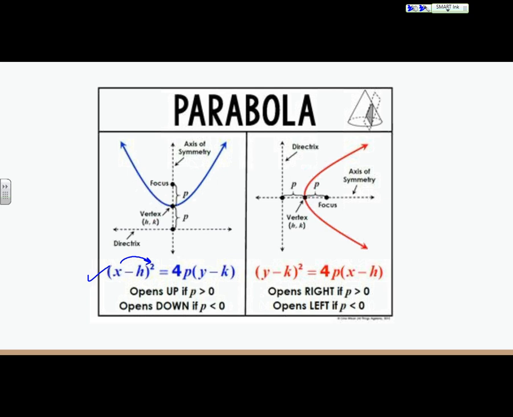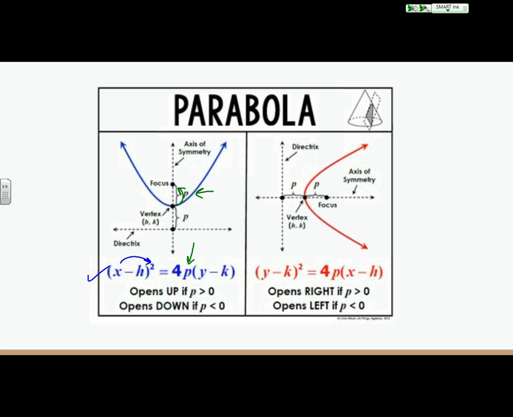We have a new variable in here, this P right here. This P is going to be really handy for getting a hold of my focus and my directrix very quickly, because P is the distance between the vertex and the focus. It's actually a directional distance, I like to call it, from the vertex to the focus.